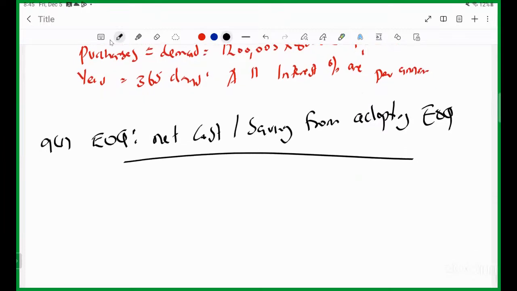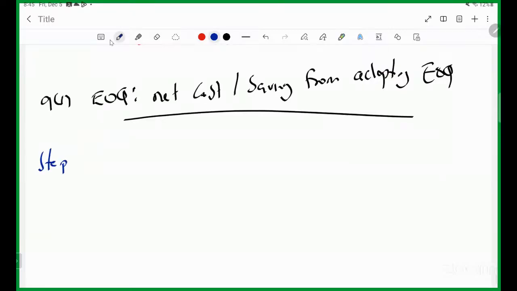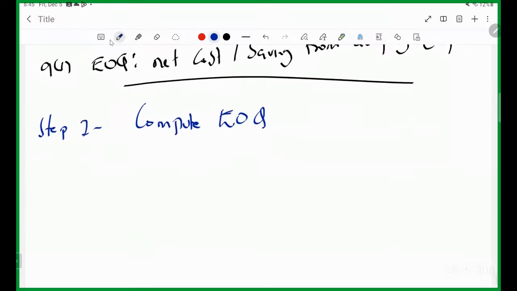Let's do the number. It's just a warning. Now, let's compute the EOQ. You know very well. Step 1, you write. Be organized. Step 1: Compute EOQ. Tell the examiner, be talking. Put the formula. Talk it.